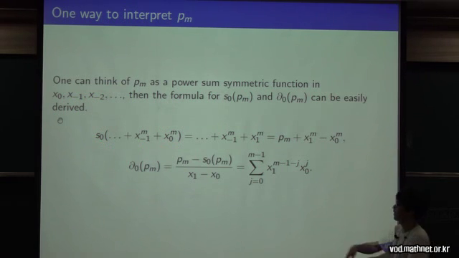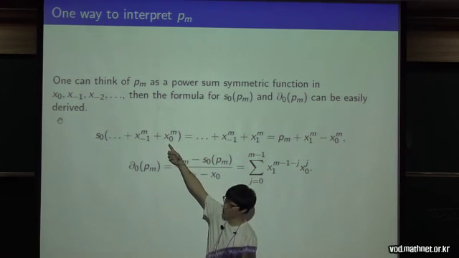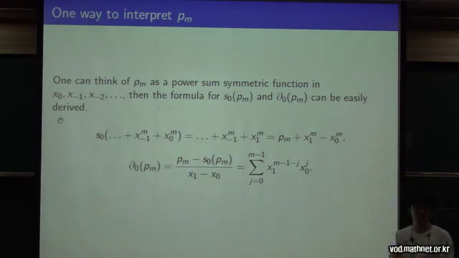Then what this does is that it replaces x0 by x1, right? So s0 swaps x0 and x1. It does change nothing else. And when you write it in terms of the p's again, then it's pm plus we added x1 to the m, and you subtract x0 to the m. That's basically what's going on.